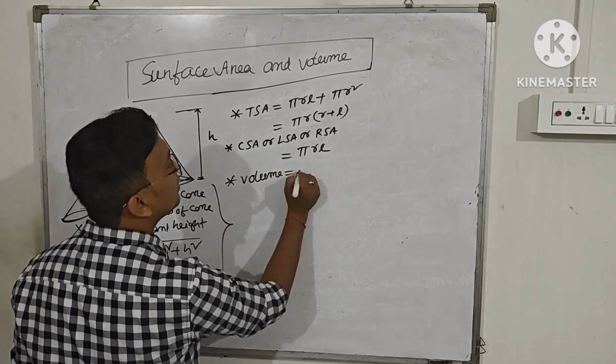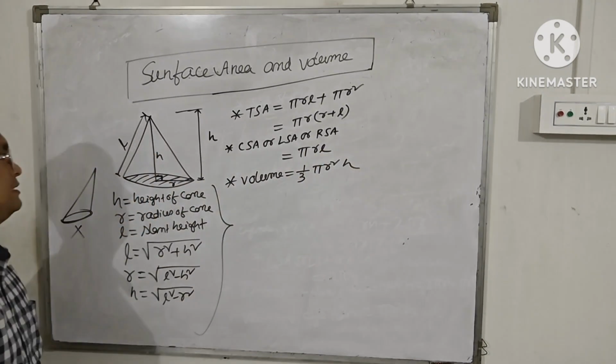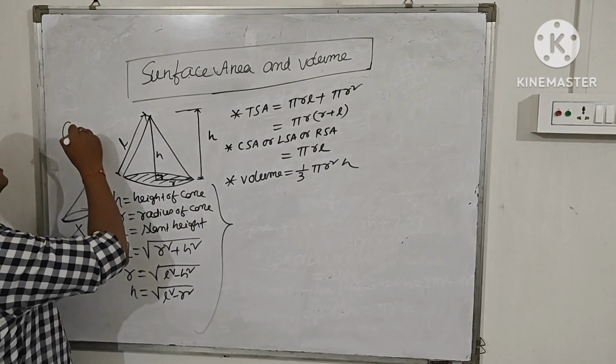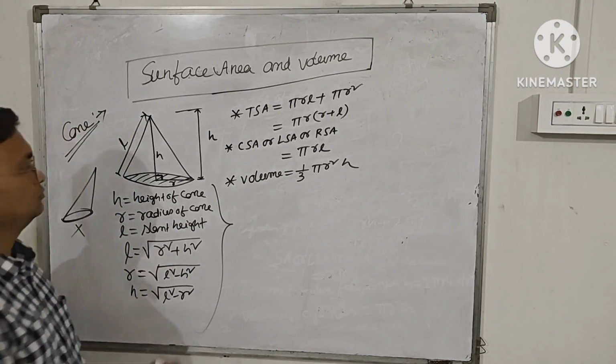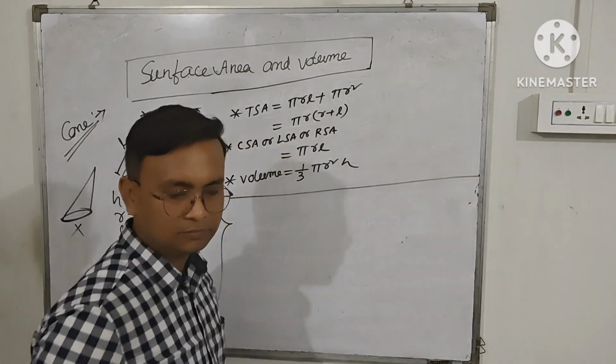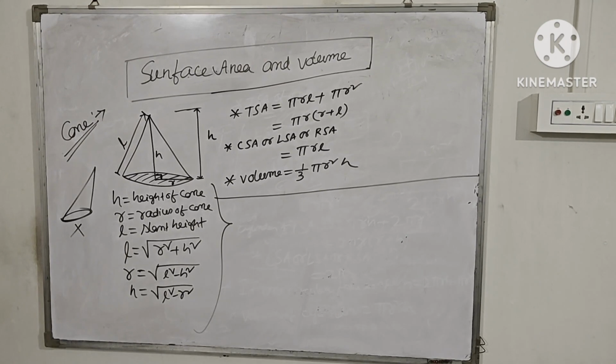Volume is 1/3 of a cylinder, 1/3 pi r square h. So this figure is known as cone. Please note it down. There are only two figures left, sphere and hemisphere.